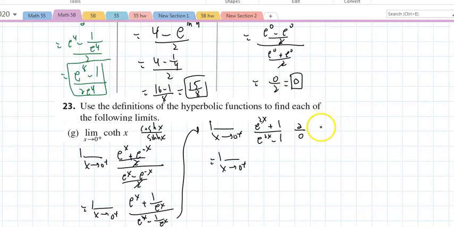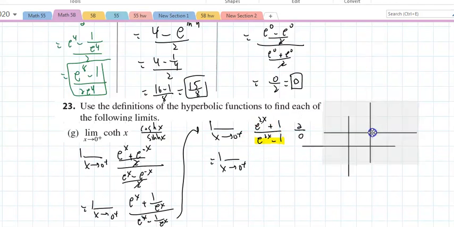How am I going to figure that out? Well, it all depends on the sign of this. If I take e to the 2x, it is exponential growth, minus 1, shifted 1 unit down, the graph looks like this. And if I'm taking the limit as x approaches 0 from the right, that indicates that this is always bigger than 0.